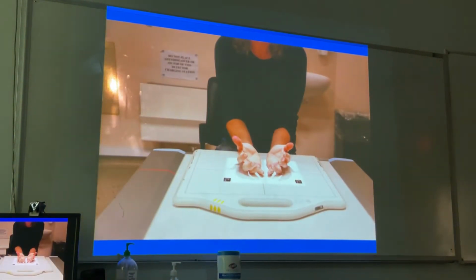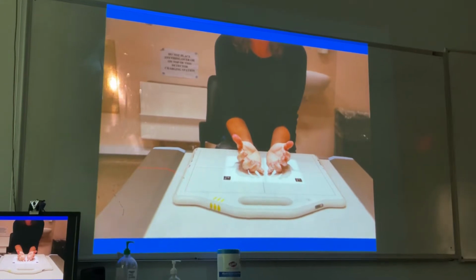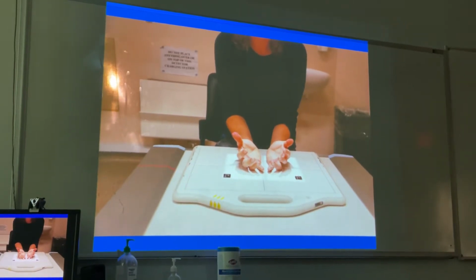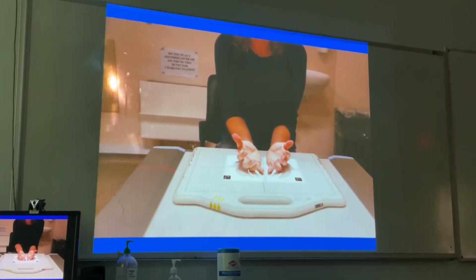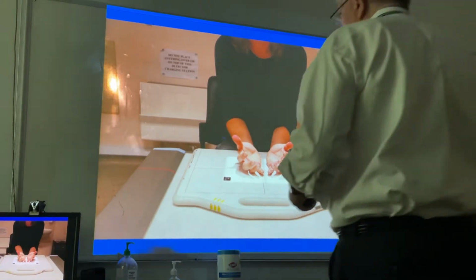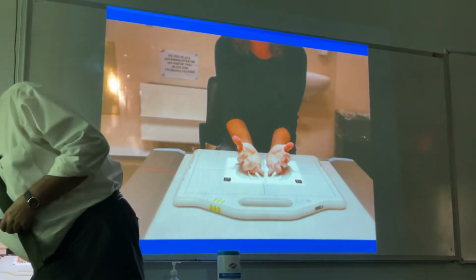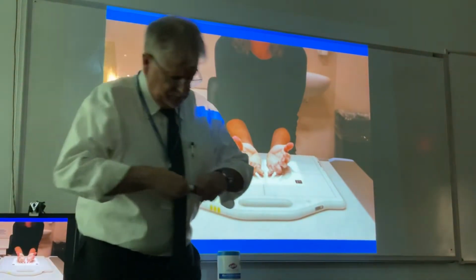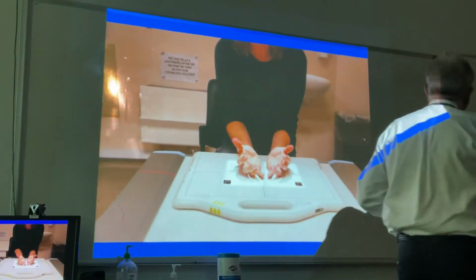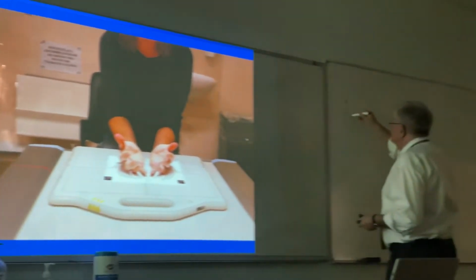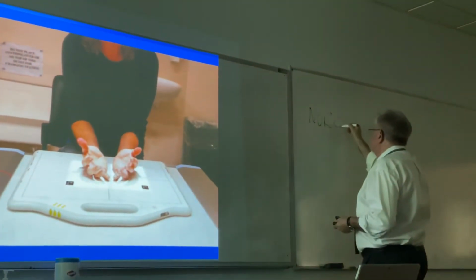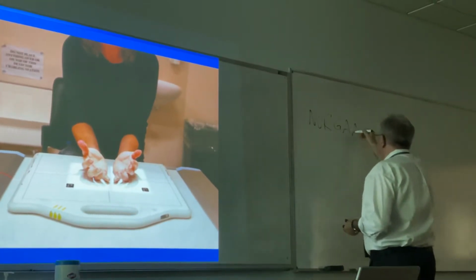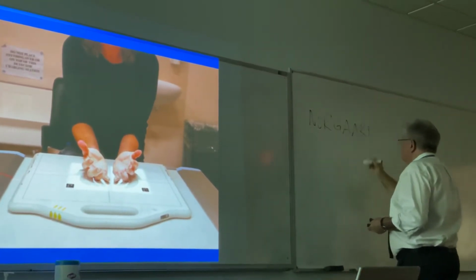Okay, and then we talked about hand x-rays, so I showed you this, but this is what it looks like. Semi-supinated view, also called the Nordgaard view.